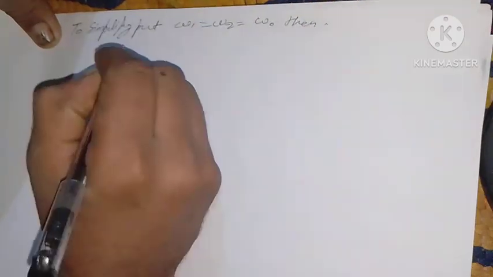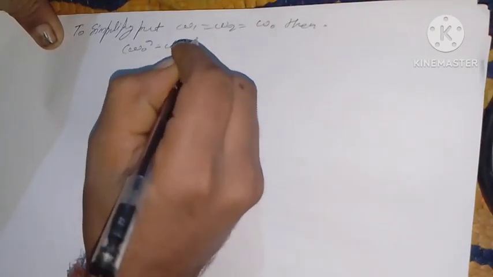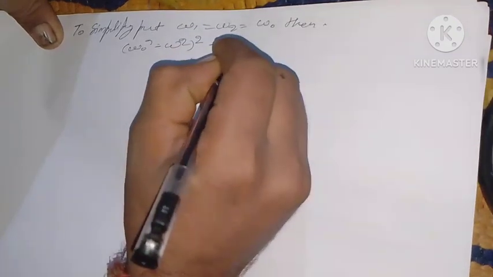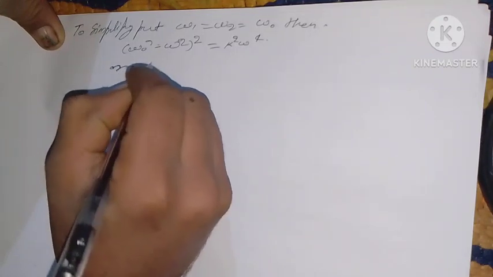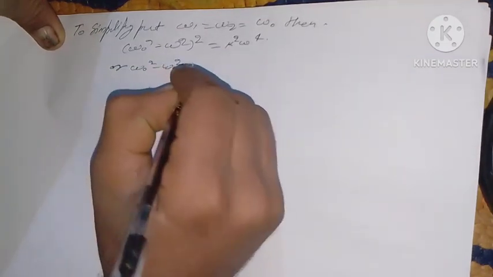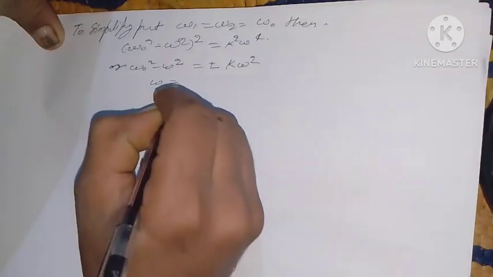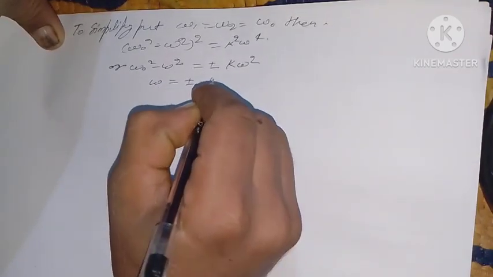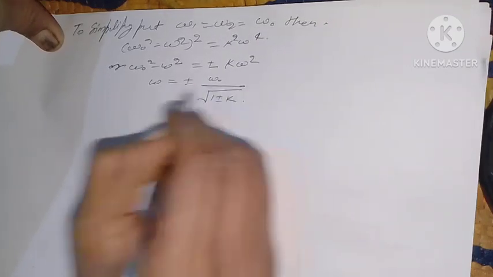Then (W0 square minus W square) whole square equal to K square omega to the power 4, or omega naught square minus omega square equal to plus minus K omega square, or omega equal to plus minus omega naught upon under root of 1 plus minus K.